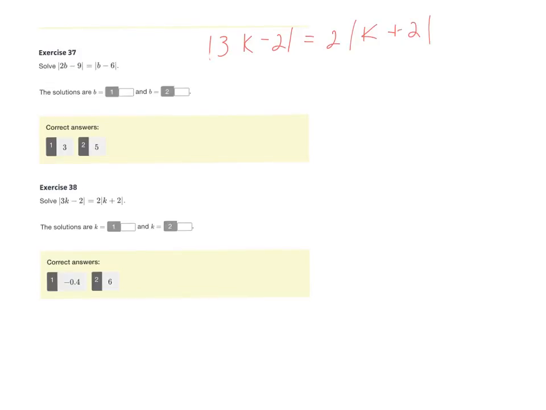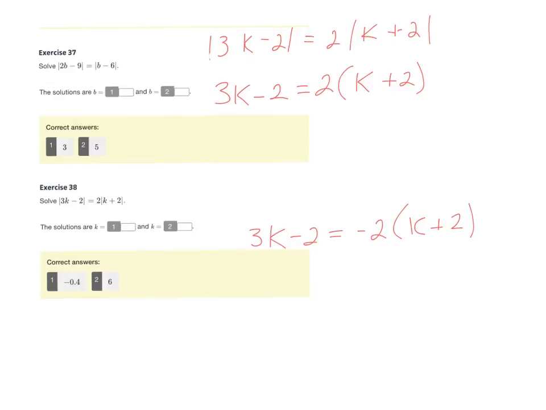So now my first equation is going to be 3k minus 2 is equal to 2 parentheses k plus 2. Close the parentheses. Our second equation is going to be 3k minus 2 is equal to the opposite, so we're going to do negative 2 parentheses k plus 2.